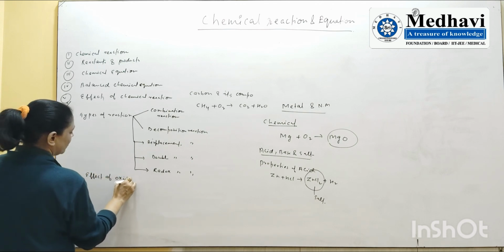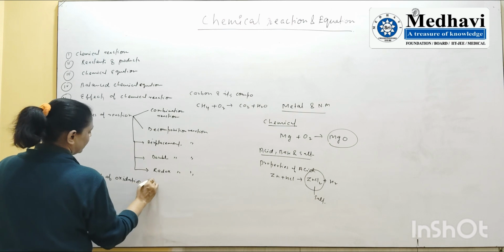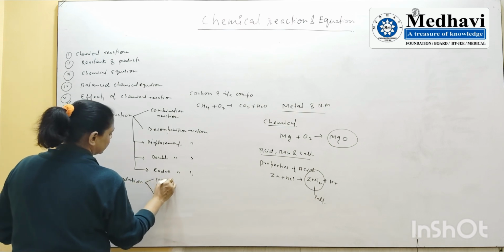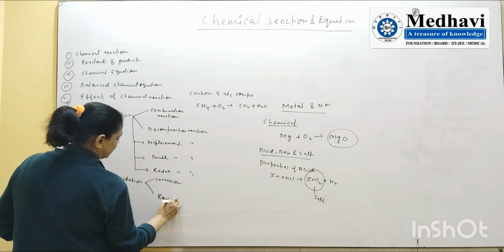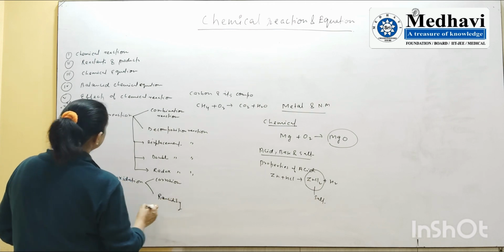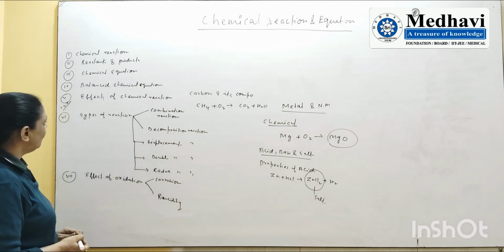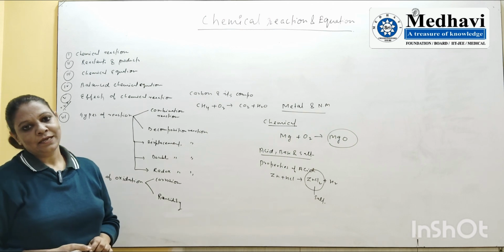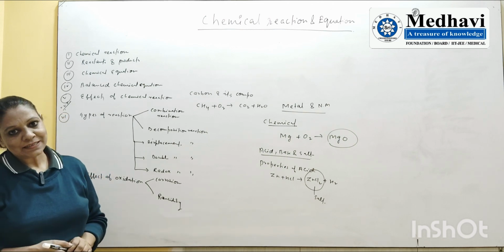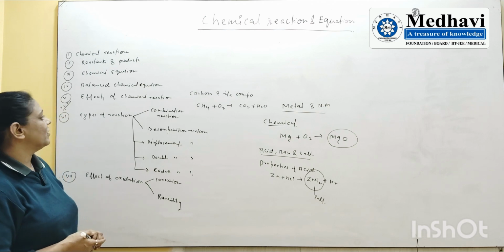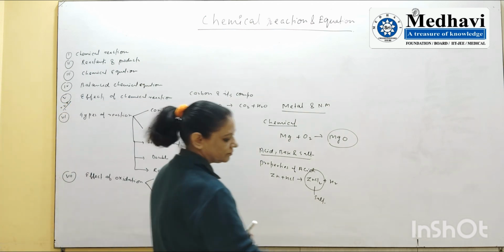There are two effects of oxidation. First is corrosion and second is rancidity. So these are the points that you have to study, that questions may be asked from this part. So I will explain all this topic one by one.